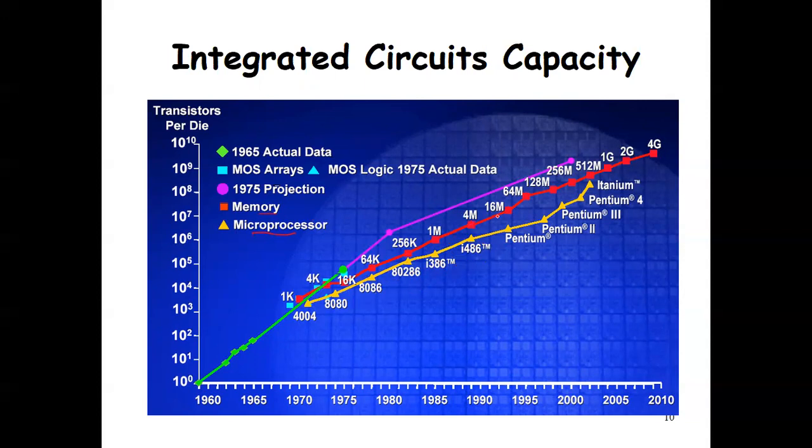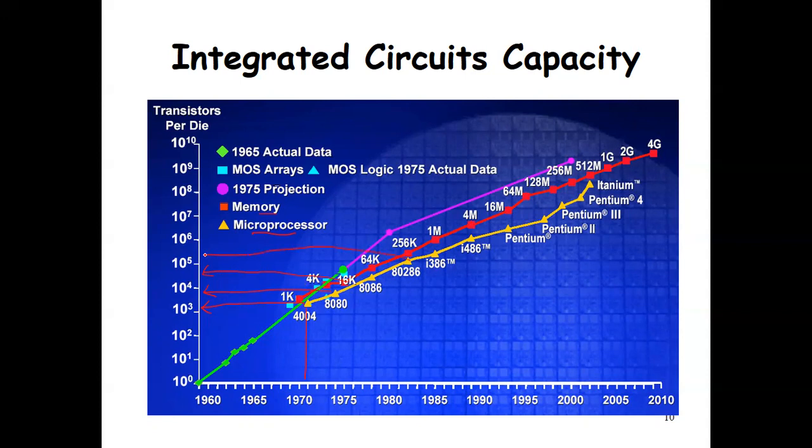So Moore's law is applicable for processor performance and also for memory capacity. Around 1970, the first microprocessor introduced was the 4004. The number of transistors it has is around 1000, 10 to the power 3. The 8080 has around 10 to the power 4, and the 8086 has close to 10 to the power 5, right?